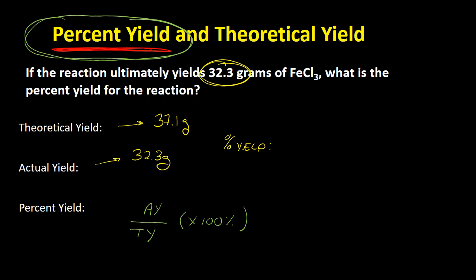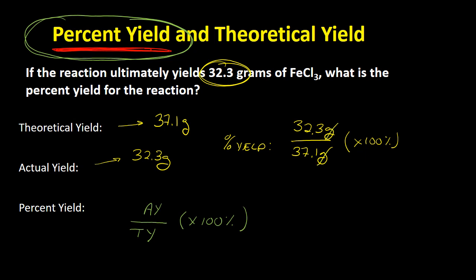Okay, so our percent yield is just the actual divided by the theoretical yield. And notice whenever you're calculating a percent, your units should always cancel. If your units don't cancel, you're probably doing something wrong.